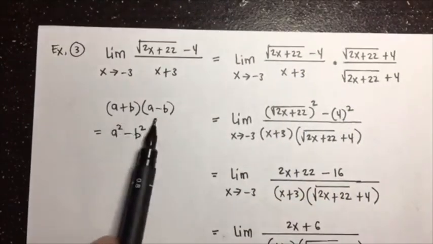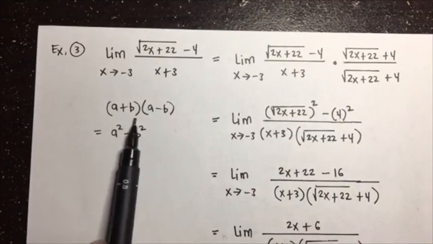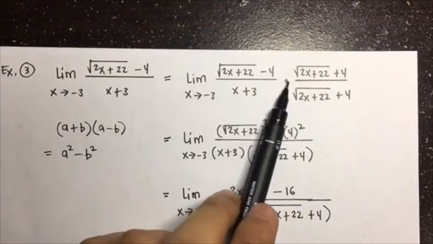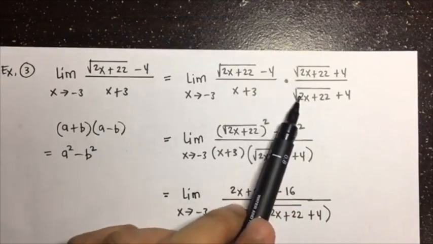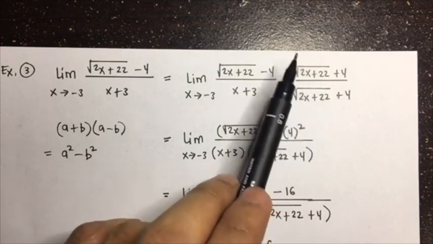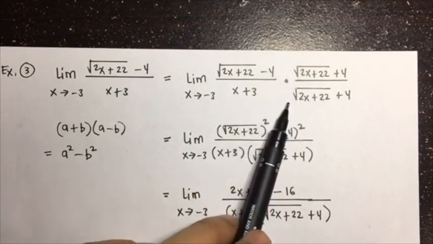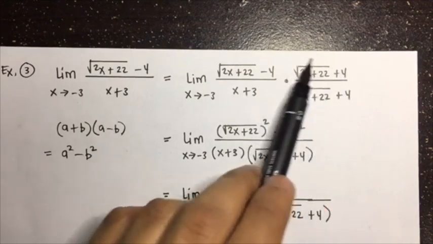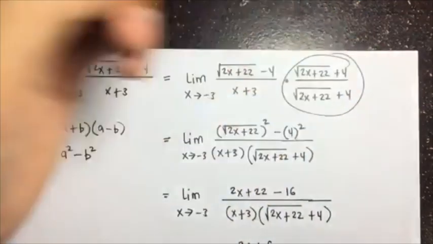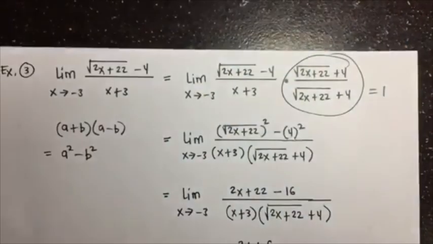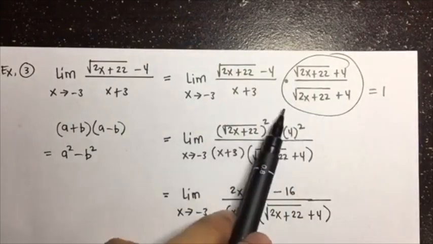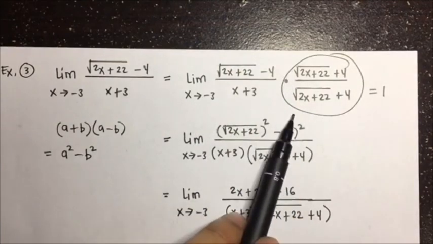You apply this special product, and you must always multiply the numerator and the denominator by the same term. Because if the numerator and the denominator are the same, this is equal to 1, and anything multiplied by 1 does not change its value.